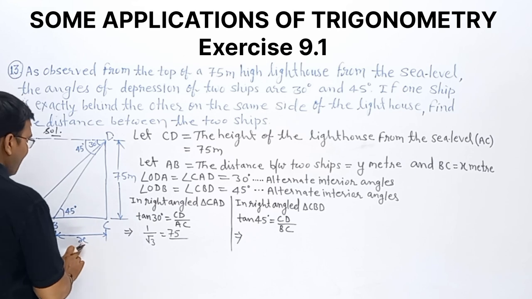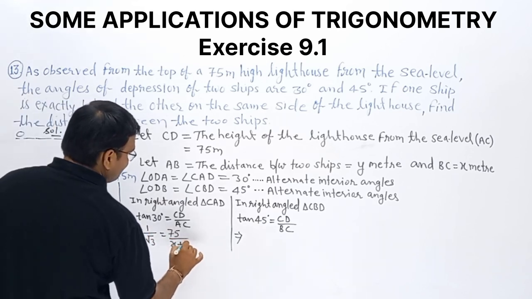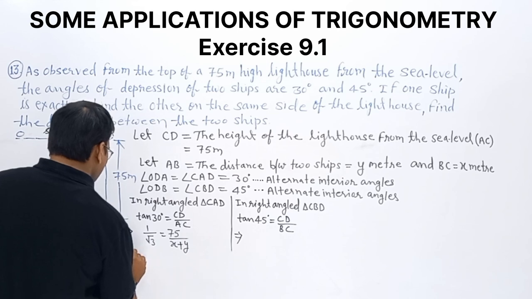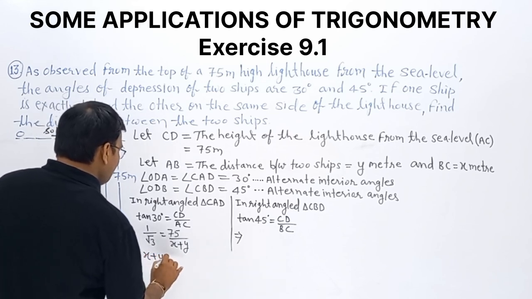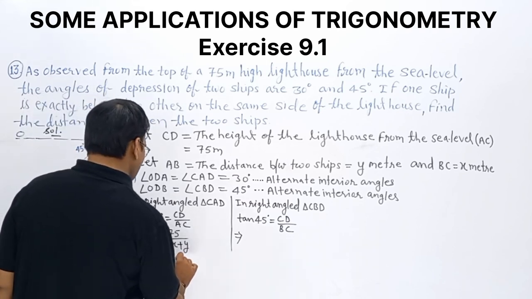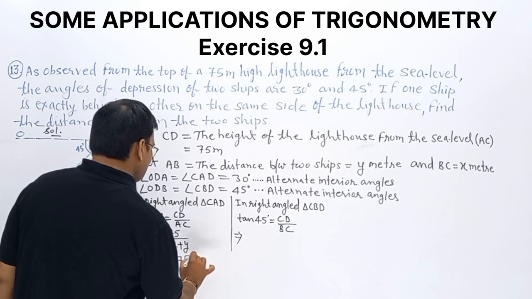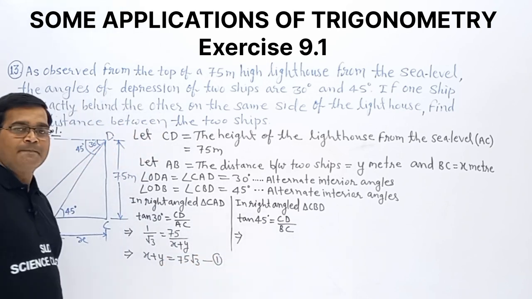So we can say x plus y will be what? Value of x plus y. Solve this one, then what are we getting? x and y are two variables, and we are getting a two variable linear equation. x plus y will be equal to 75 square root of 3. Put equation number 1. Clear?